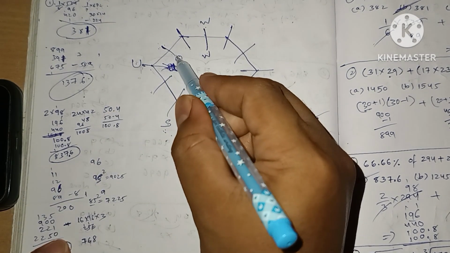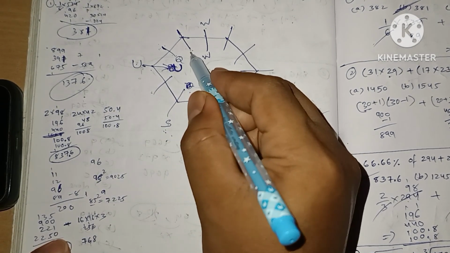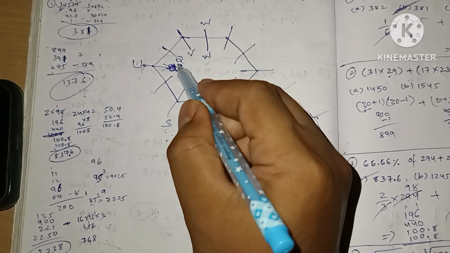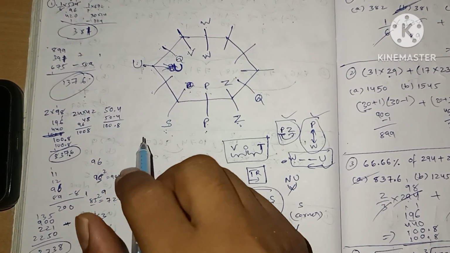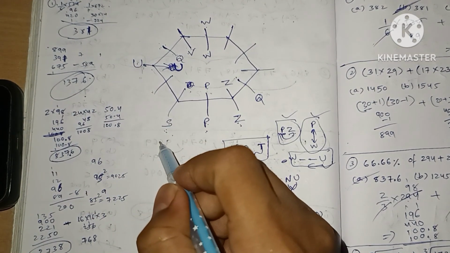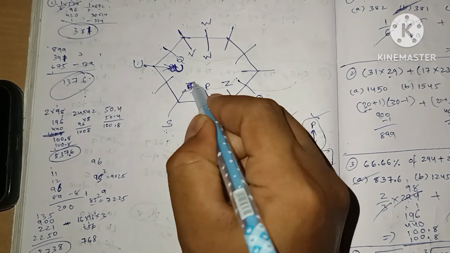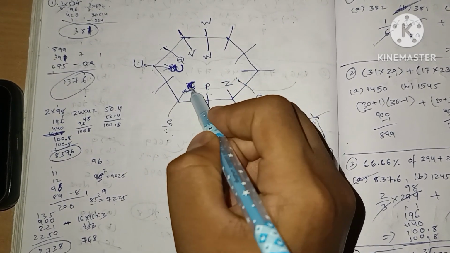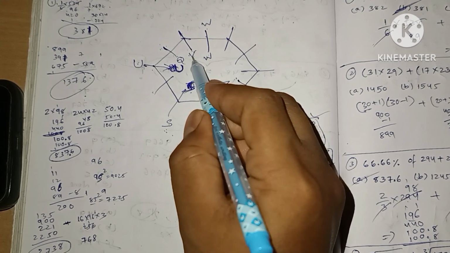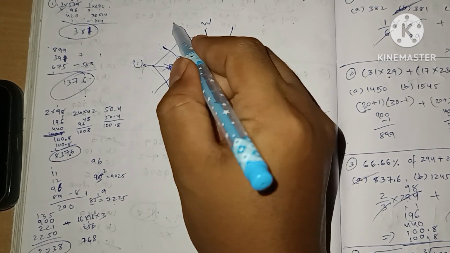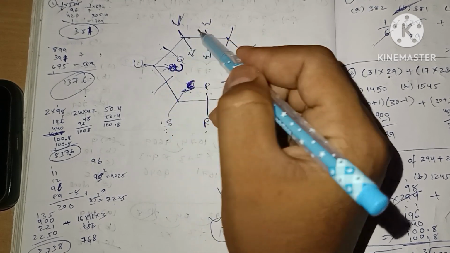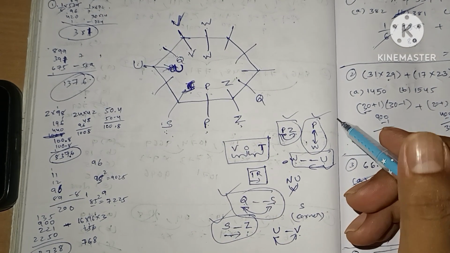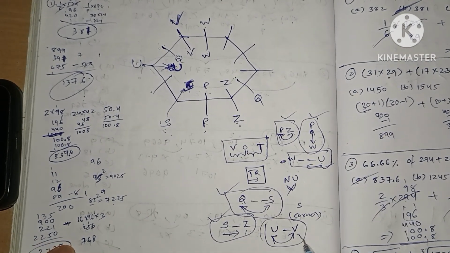So 1 after V, this is the place for V in one case. Wait a second, this is a place for S. We cannot place V here, so this is the only place for V. In this case also we can place only V here. Okay, so this one is also completed.